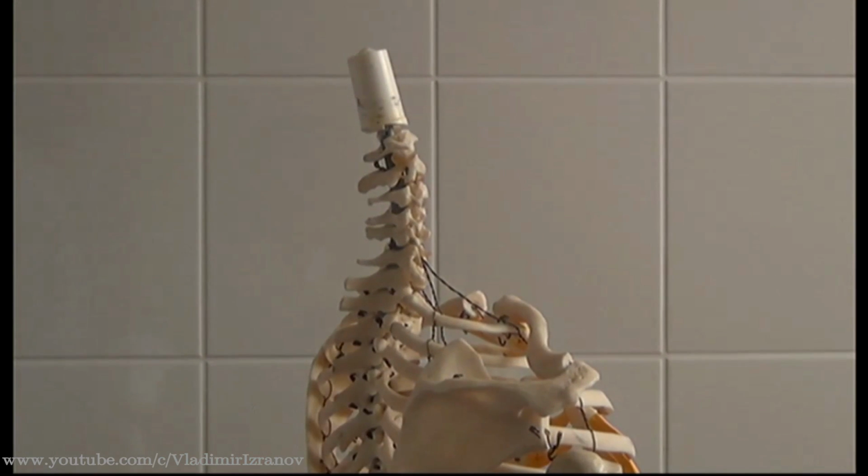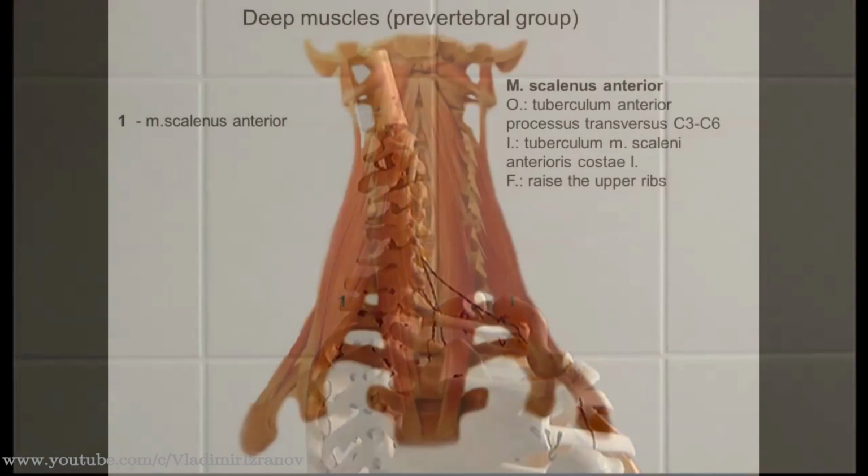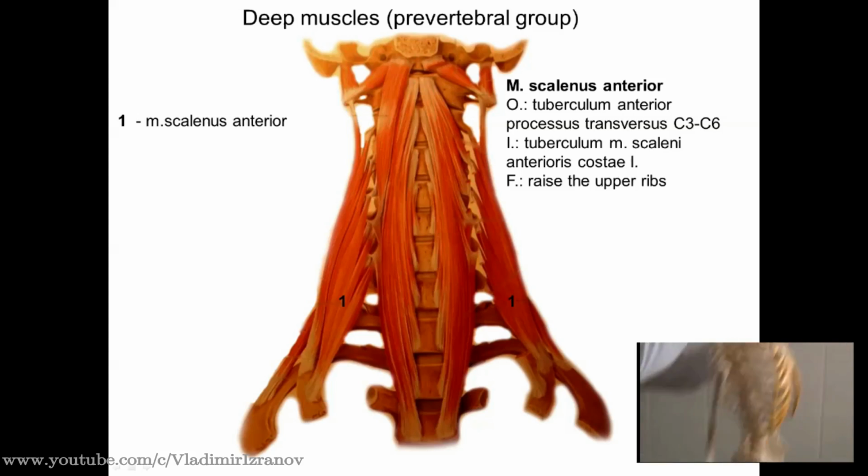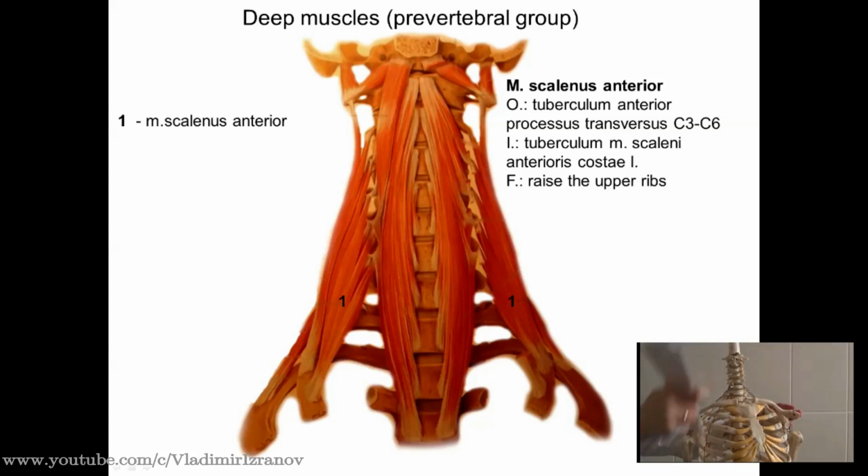Okay, continue. Insertio, tuberculum musculi scaleni anterioris of first rib, costa prima. Insertio is first rib, just here.